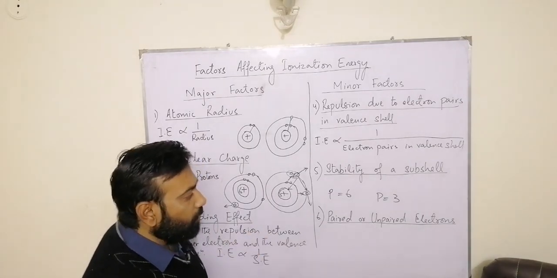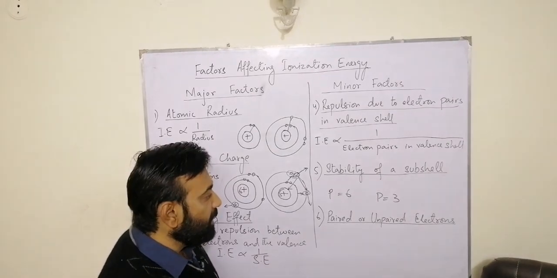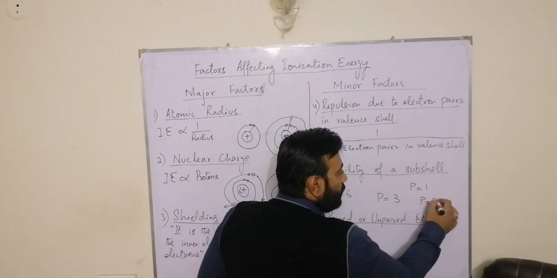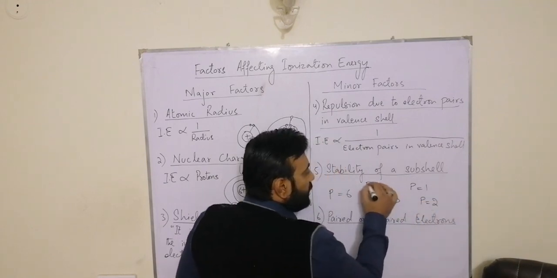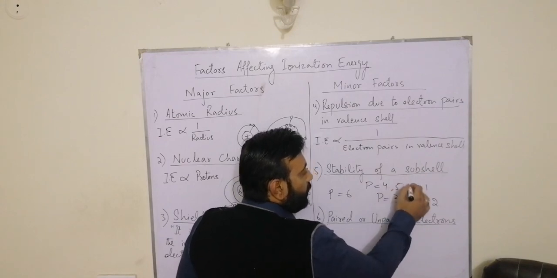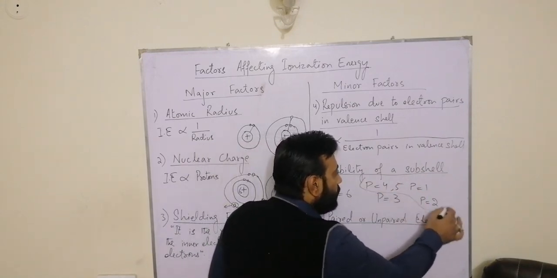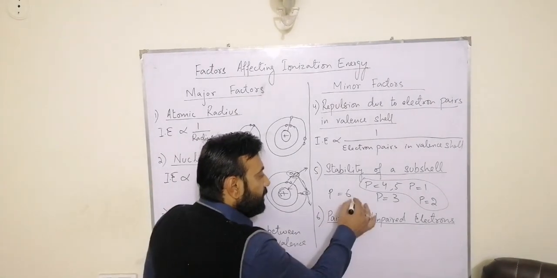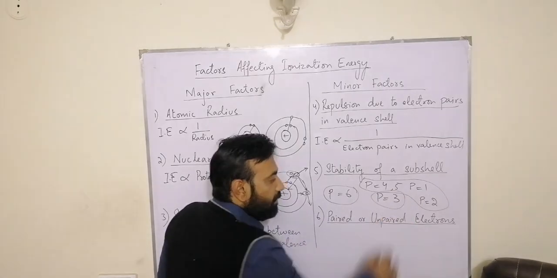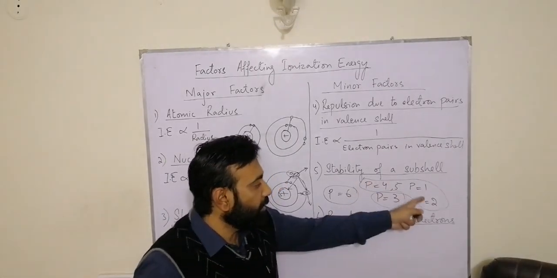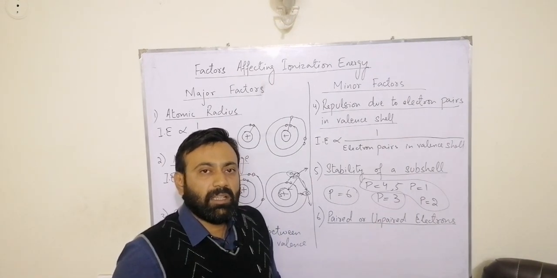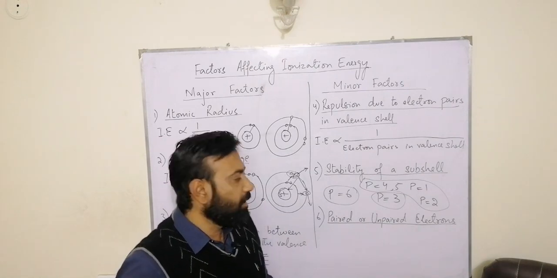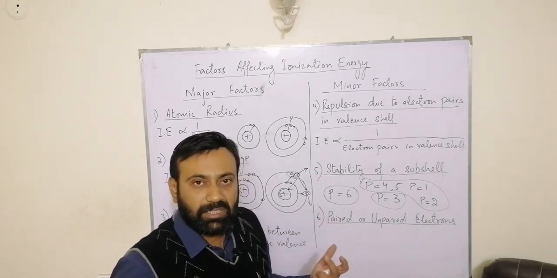So in all other forms of this p subshell, like if there were p1 or p2, or the p subshell contained 4 electrons or 5 electrons, in all those cases the p subshell is unstable. In this case it is completely stable, in this case it is partially stable. In all of these cases the p subshell is not stable. So it would be easier to remove an electron from an unstable subshell than from a partially stable or a completely stable subshell.